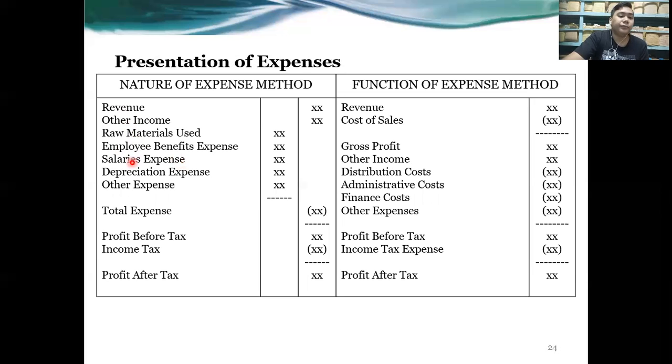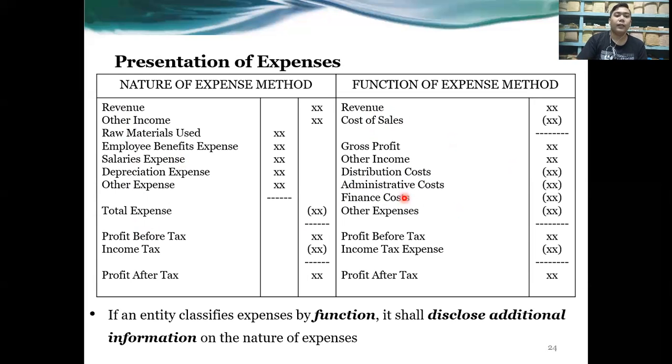While sa function, amo na siyang common nga ginagamit, which is gumpisa sa revenue, then cost of sales, then distribution cost, administrative. Pero ang iban, pwede nga ginamix-mix na nila. If an entity classifies expenses by function, it shall disclose additional information on the nature of expenses. If nature of expense method mo gamiton, no need to disclose ang function sang mga expenses.